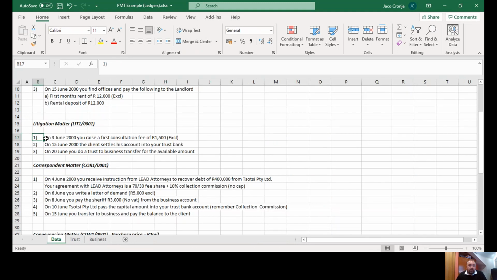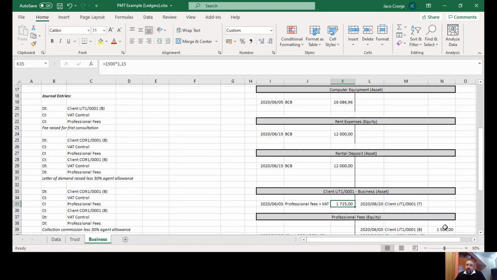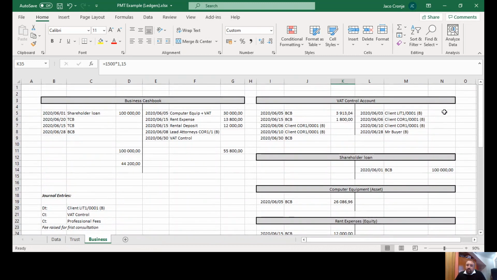If we go back to the data tab, it said there, my fee is 1,500 Rand exclusive of VAT. So I've now shown that my fee, my portion that I get, is 1,500. But to get that, my client needs to pay me 1,725, and the difference we have to show as a liability.